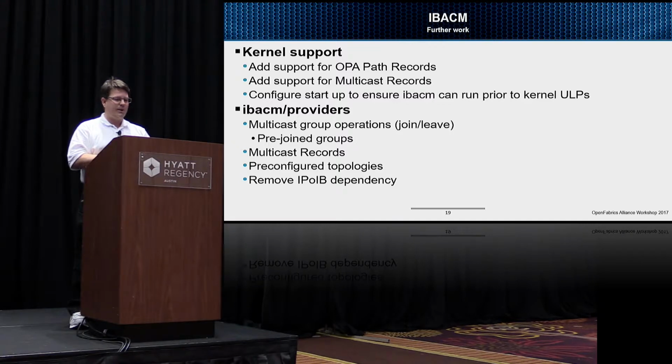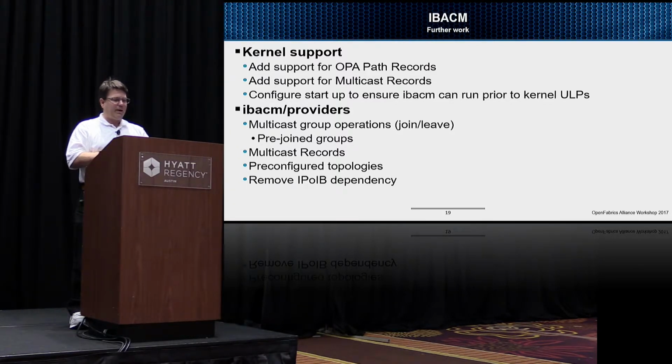And so that's work that we'll be talking about with the community, possibly on the mailing list, as we may need to change things in the rdma-core. And again, that's to make sure that things are really up and running and configured before we need that service for the kernel.